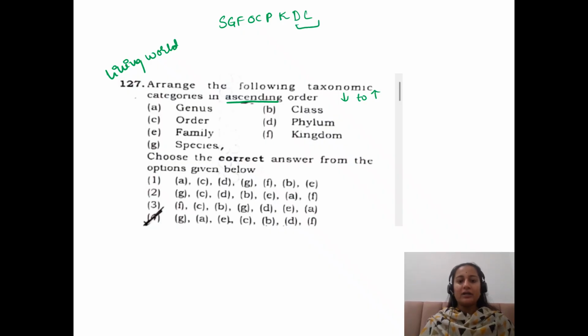When you are going in ascending order, the lowest will be the species. So species comes first, genus, family, order, class, phylum, and kingdom. G, A, E, C, B, D, F.